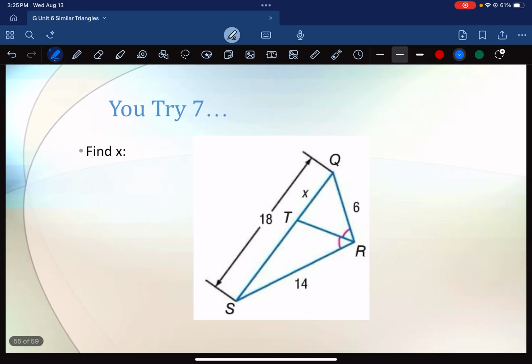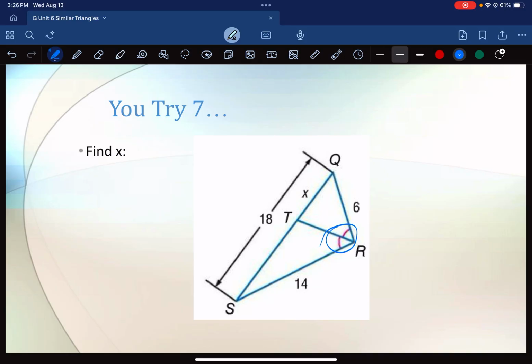Give this one a try. This is a little tougher. So in this problem, we don't have comparable parts yet. So this is an angle bisector, and it's going to break this opposite side proportionally. So what am I going to label ST?